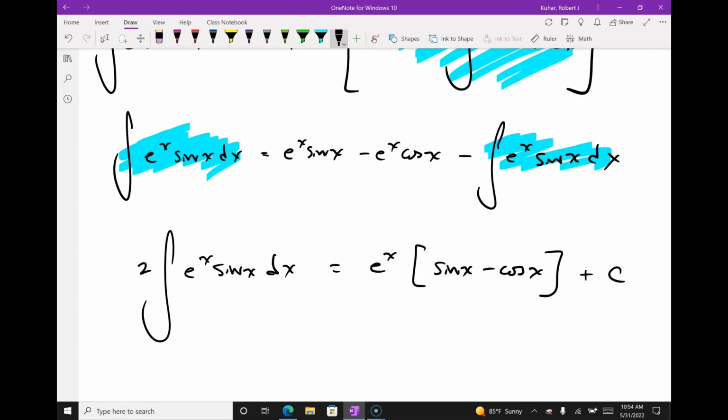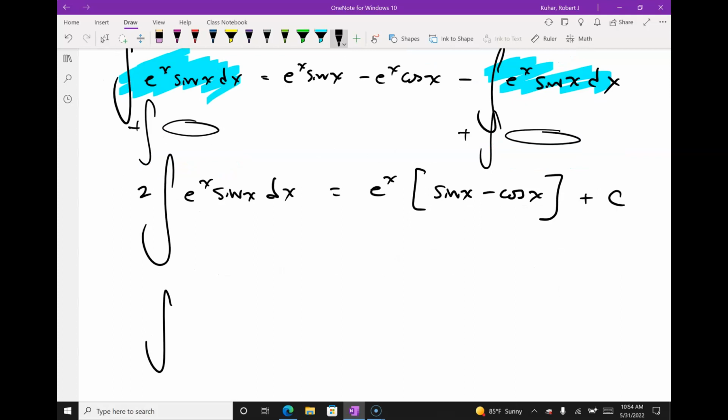So I added this integral to both sides, so I have it twice now on the left side. So final answer, the integral of e to the x sine x dx is e to the x over 2 times sine x minus cos x, all plus c. And you might say, well, did you divide c by 2? Yes, but then I renamed it c.